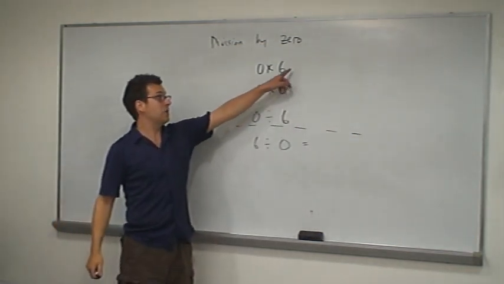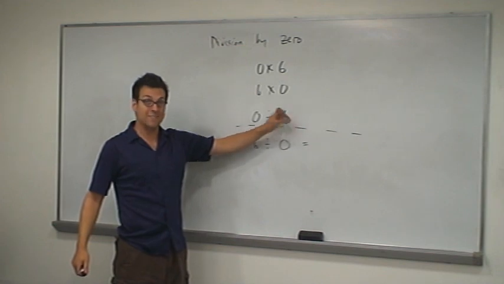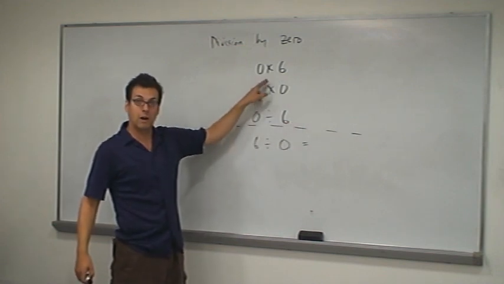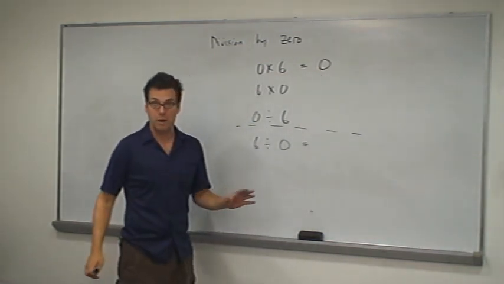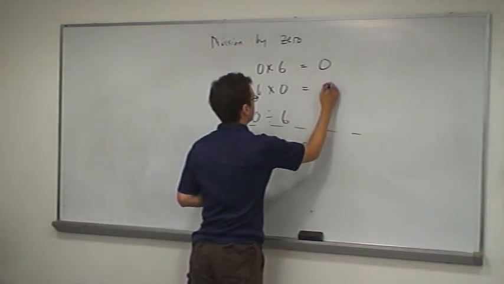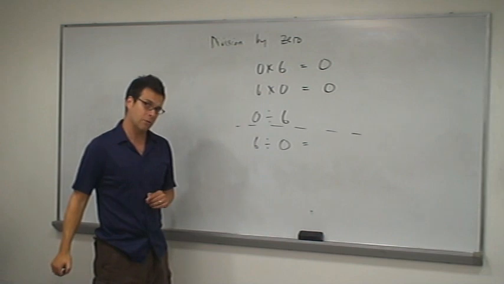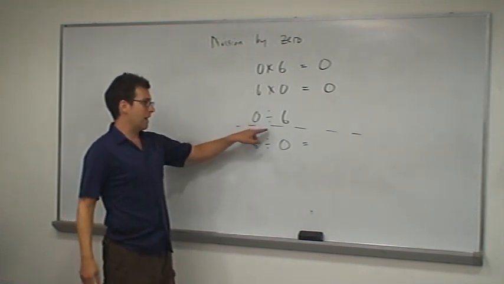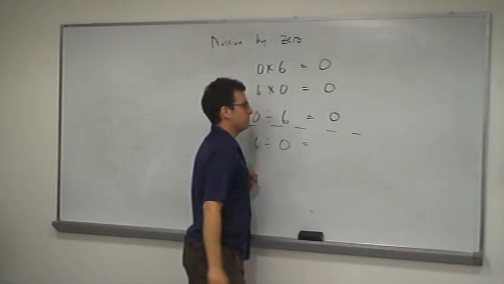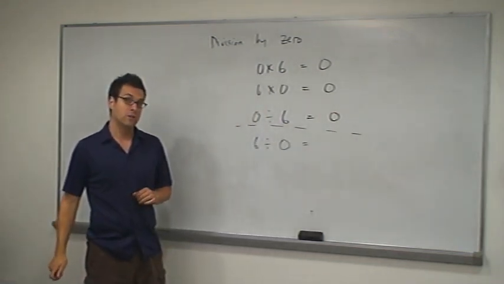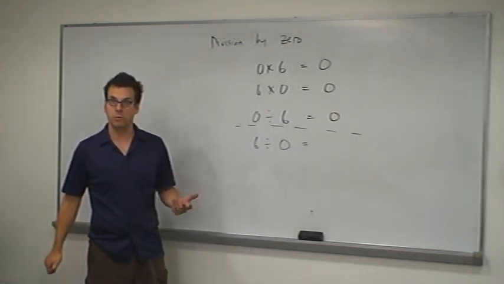Now, the answer to each of these first 3 problems is 0. As we saw when we discussed multiplication, 0 multiplied by any number is 0. So 0 times 6 is certainly 0, and 6 times 0 is certainly 0. 0 divided by 6 is 0 as well.